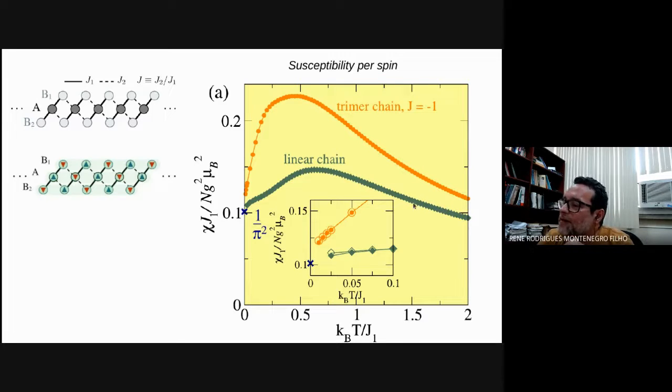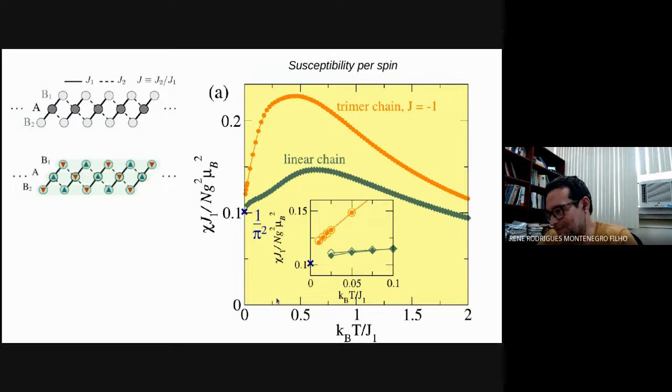Here we compare the susceptibility of the finite system of the linear chain. Here is this constant numerical value of the susceptibility. Here we are plotting the susceptibility of the couplet time chain for J equal to -1.